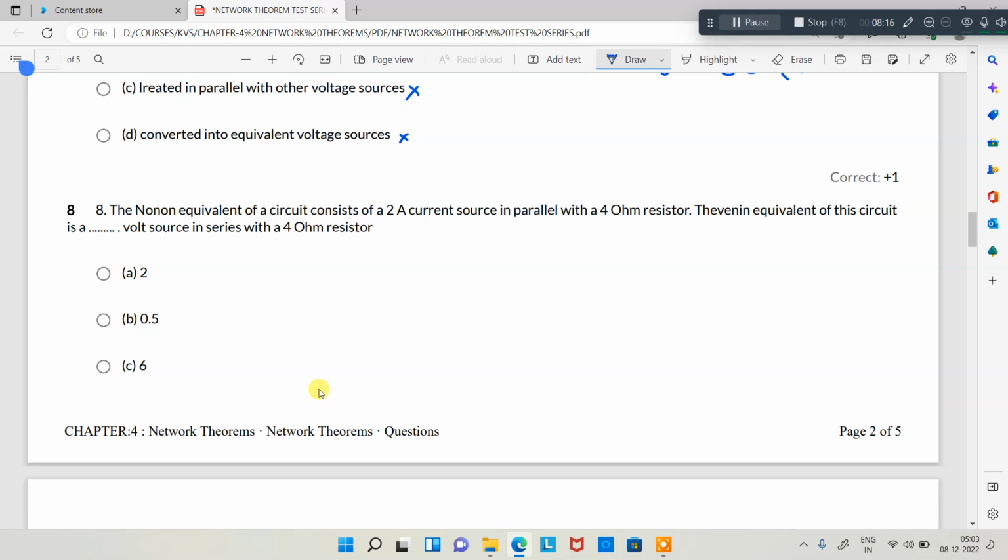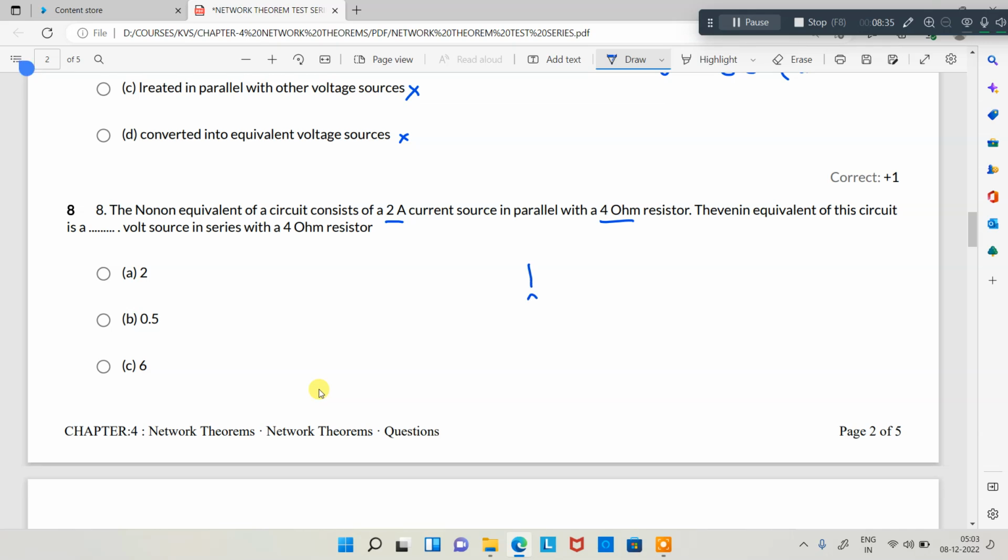Okay, coming here, the Norton's equivalent circuit consists of 2 ampere current source in parallel with 4 ohm resistance. Thevenin's equivalent circuit is a dash voltage source in series with 4 ohm resistance. So it is very simple. Look at here.